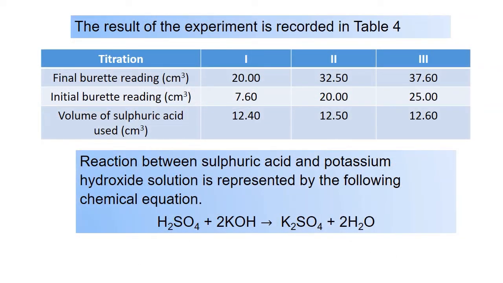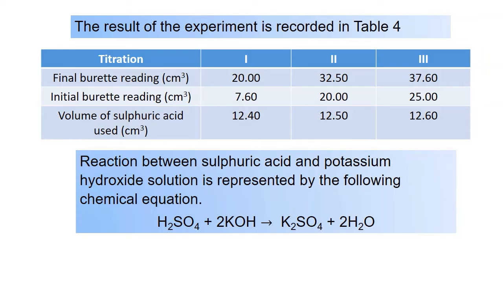The result of the experiment is recorded in Table 4. Titration 1: final burette reading 20.00, initial burette reading 7.60. Volume of sulphuric acid used is the final burette reading minus the initial burette reading, 12.40. Titration 2: final burette reading 32.50, initial burette reading 20.00.